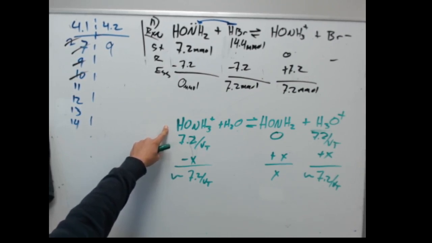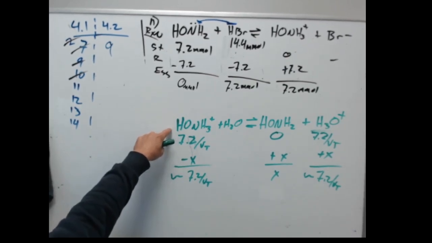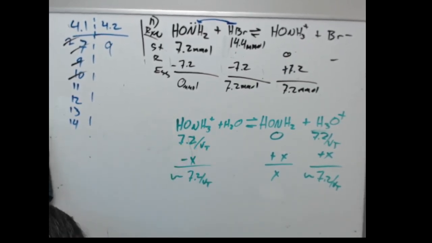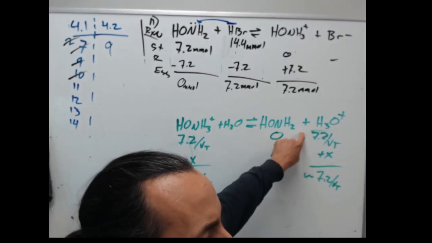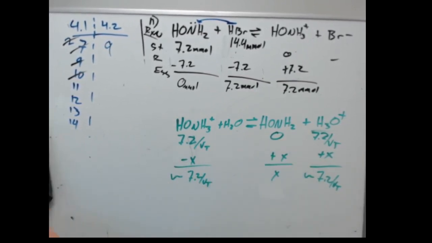Depends, right? The amount that this dissociates may or may not matter, depending on how well it dissociates versus how much is already present. If there's a lot of H3O plus already present, the dissociation isn't going to matter. Or if the dissociation is really tiny because it's got a very small Ka, it probably isn't going to matter.